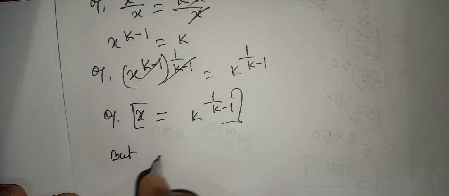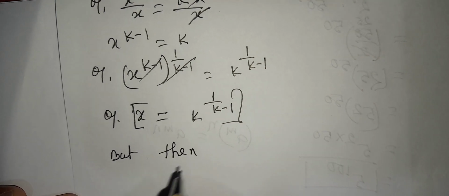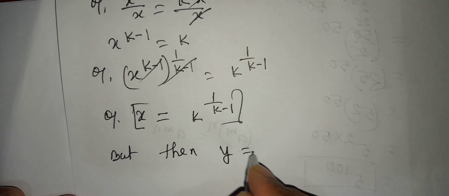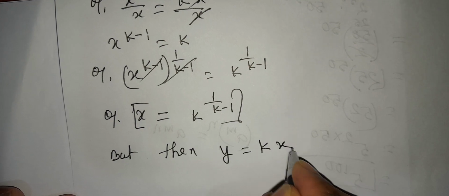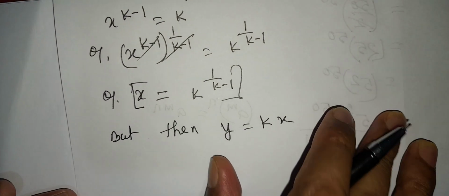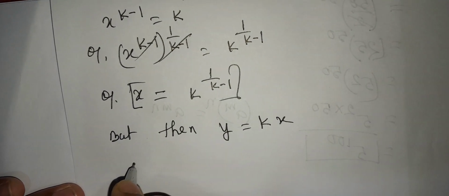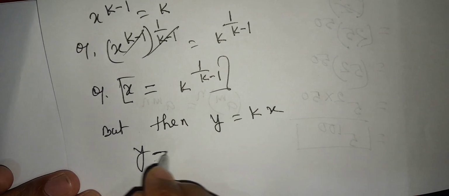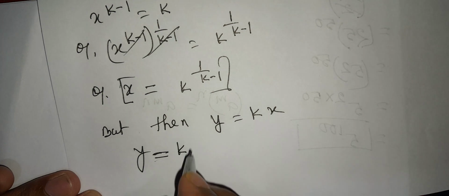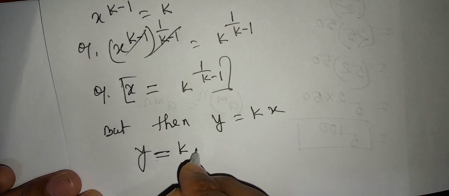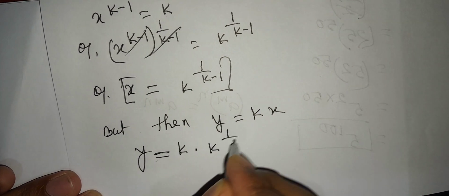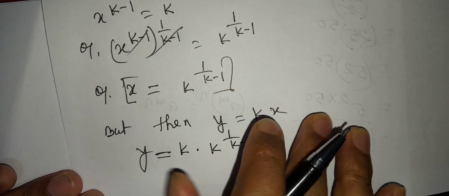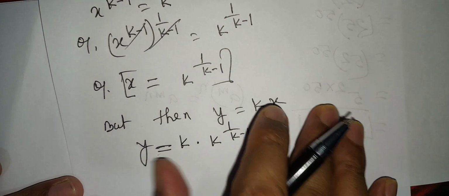Okay, we find out x, but then y equal to kx. Here we use y equal to k, value of x, into k to the power 1 by k minus 1. Okay.